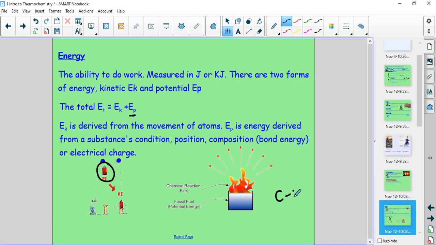Let's always go back to organic chemistry: the energy held within these bonds here, that is potential energy, and breaking these bonds will then release energy. Now, kinetic energy is the amount of energy that a substance will hold between molecules. Again, this can be measured by temperature and a thermometer.